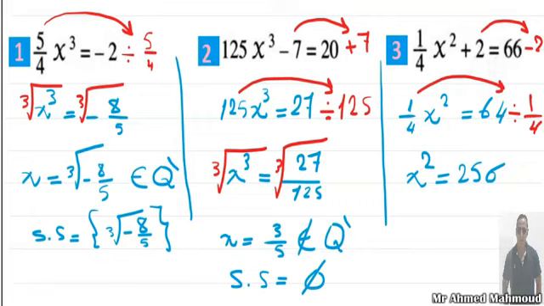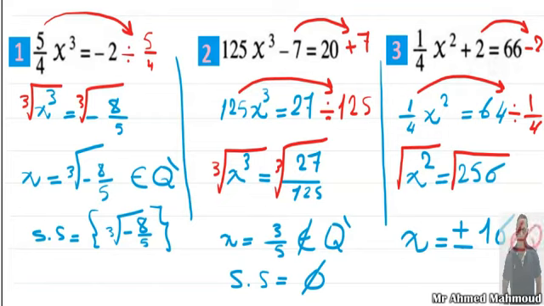Then I'm going to take the square root of both sides, because we have x to the power of 2, then x equals negative or positive 16, but 16 doesn't belong to Q dash, then the solution set here is phi.